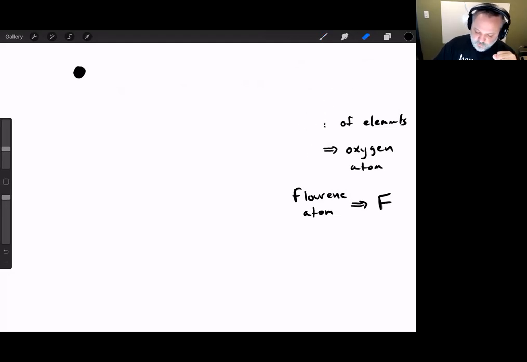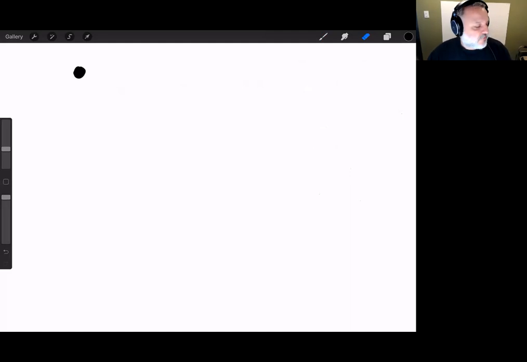Let me say one other thing about this bit. What I'm talking about when it comes to memorizing symbols and names, this is called nomenclature. And when we're dealing with nomenclature, it is essentially straight memorization. That's all there is to it.